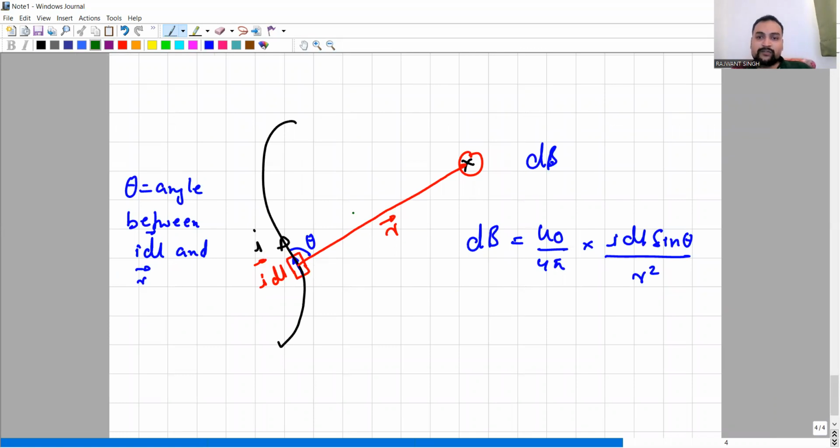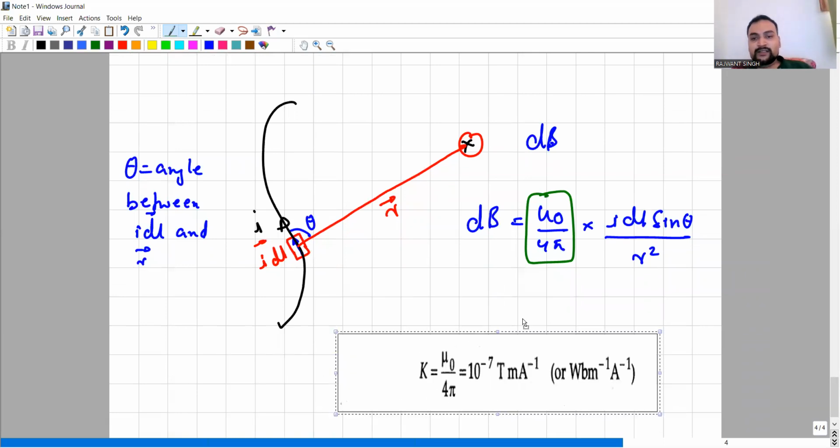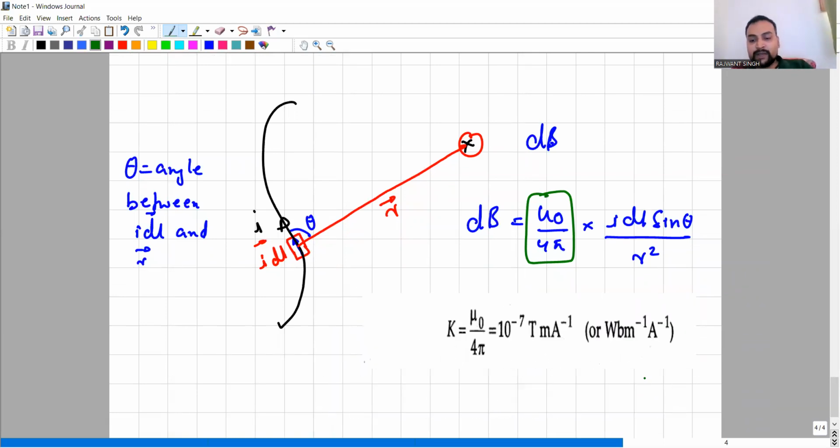Now this part of the formula is a constant, as you have seen before. I hope you remember that everywhere in electrostatics you have used 1 by 4 pi epsilon naught, which has a value of 9 into 10 raised to 9.